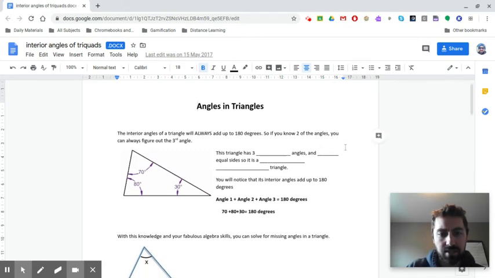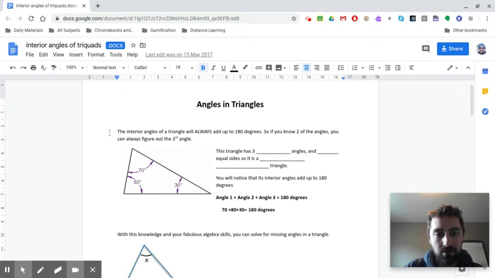As we go down, we see the interior angles of a triangle will always add up to 180 degrees. So if you know two of the angles, you can always figure out what the third angle is. This triangle has three acute angles and zero equal sides, so it is an acute scalene triangle.